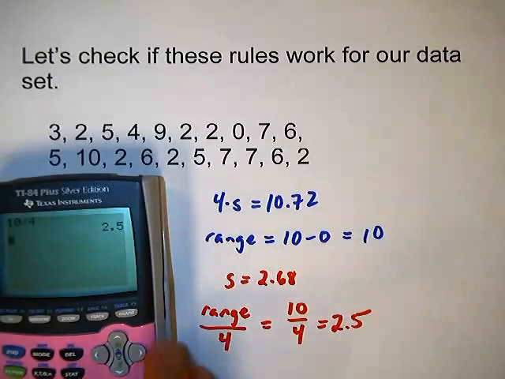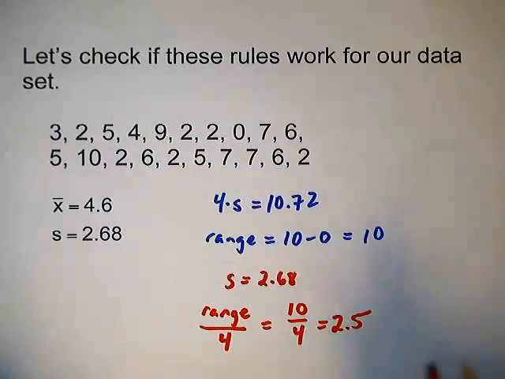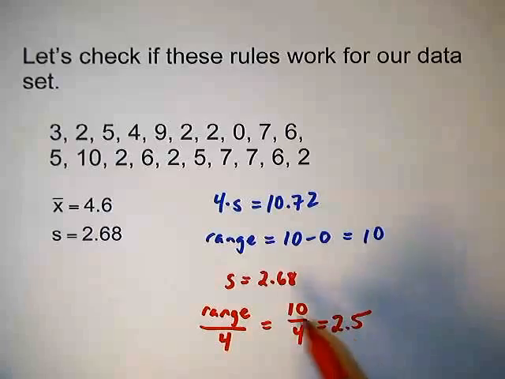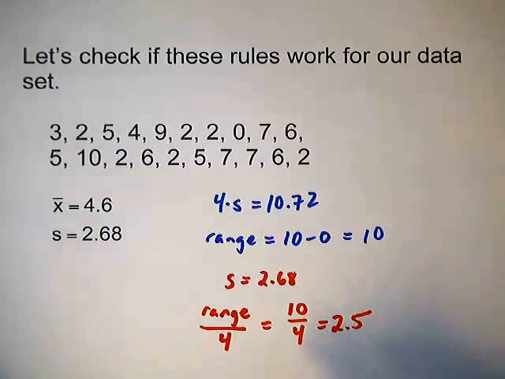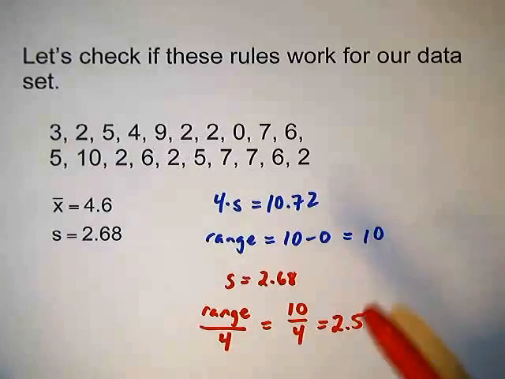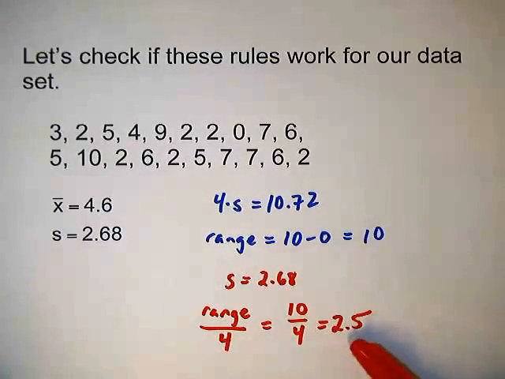These two values are approximately equal, 2.68 and 2.5. So this is a good way of estimating that too. Basically, most of the time, these two rules will hold up.